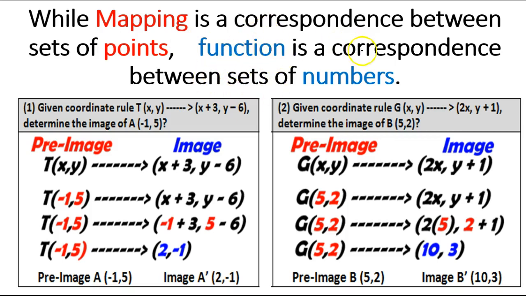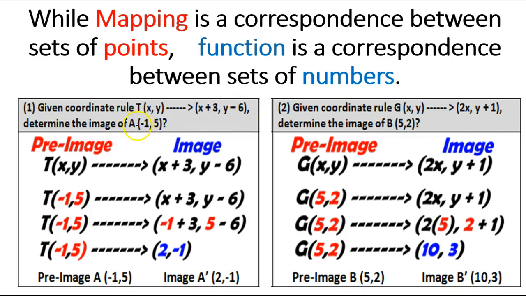So watch it. For mapping, the correspondence is between sets of points, like ordered pairs. But in function, the correspondence is between sets of numbers. So if you see here, this is mapping. You always deal with sets of ordered pairs, x and y, at the same time. You're given this function T. It maps (x, y) to (x plus 3, y minus 6).